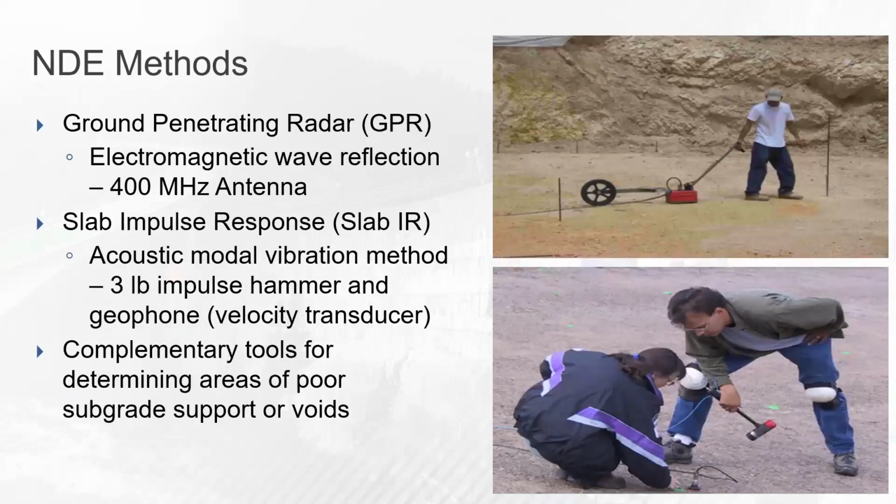So the methods we used are shown here on the right: ground penetrating radar with a distance wheel and an electromagnetic 400 megahertz antenna. And then that's the Wilcoxon velocity transducer and the 3-pound hammer that was used for the slab impulse response testing on a grid basis.